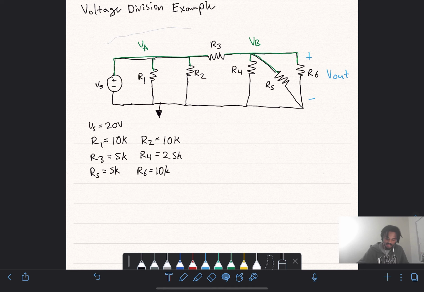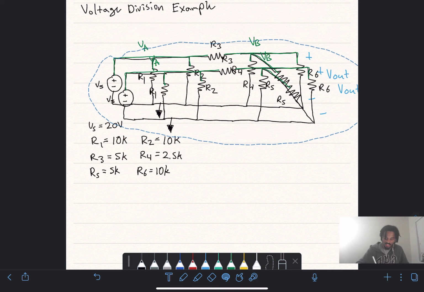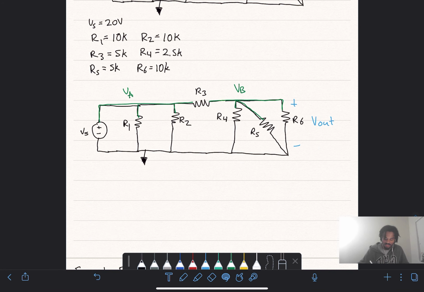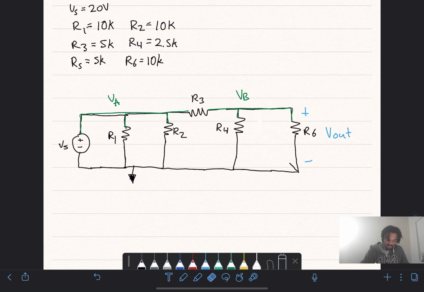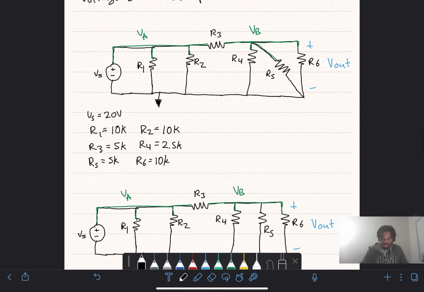So instead of having this really weird looking slanted resistor down here, which professors sometimes like to include in their problems, we can come down here and make it obvious for ourselves that R5 is just normally in parallel with R4 and R6.